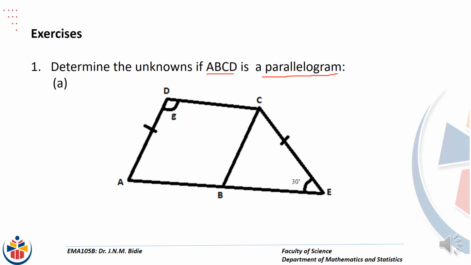So I can just indicate here that I know that this side is equal to that one. That means AD and CB are equal, and they are also parallel. And also DC is parallel to AB, and also DC is equal to AB.